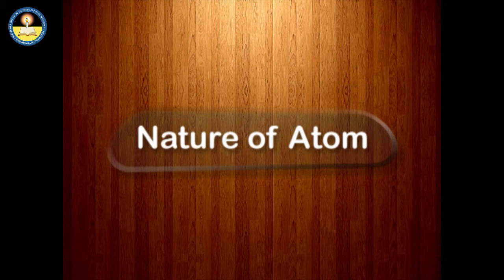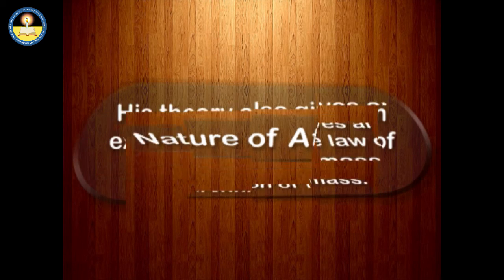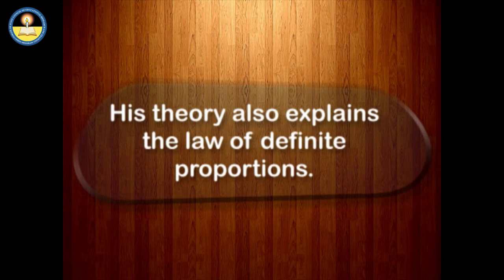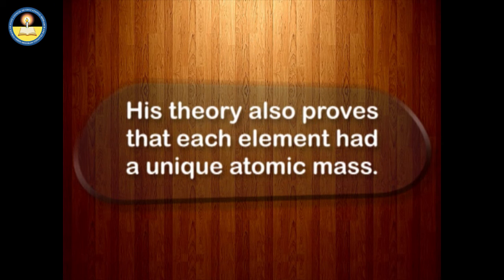Dalton's atomic theory was based on the laws of chemical combination. His theory also gives an explanation for the law of conservation of mass. His theory also explains the law of definite proportions. His theory also proves that each element had a unique atomic mass.